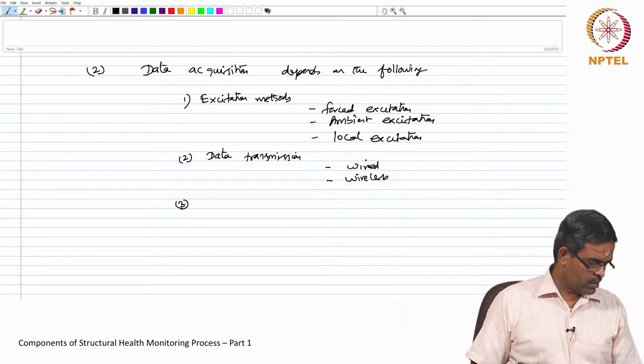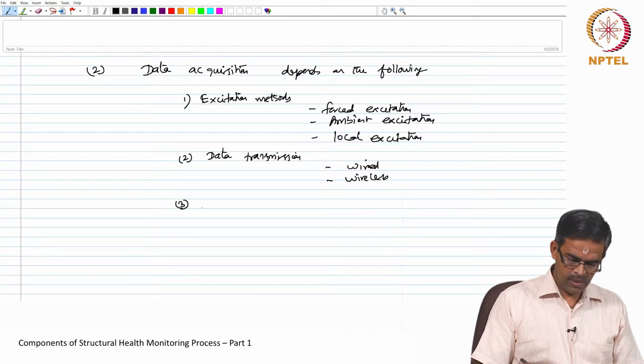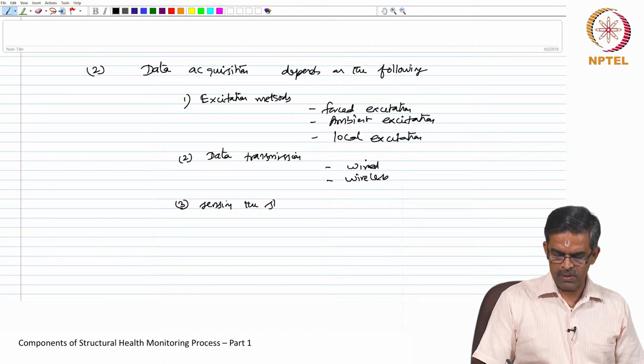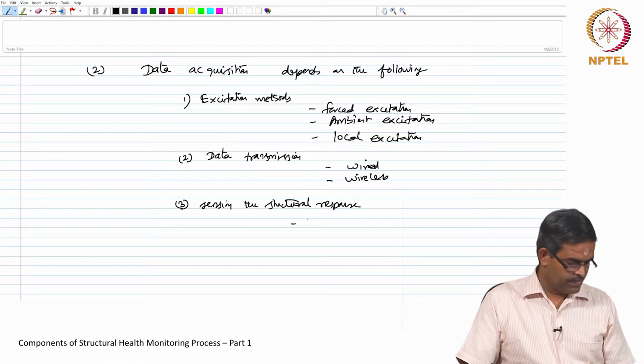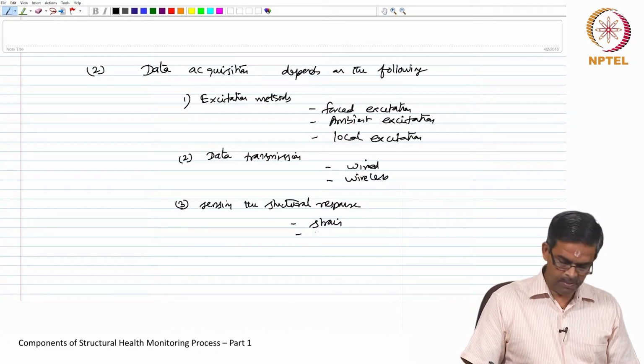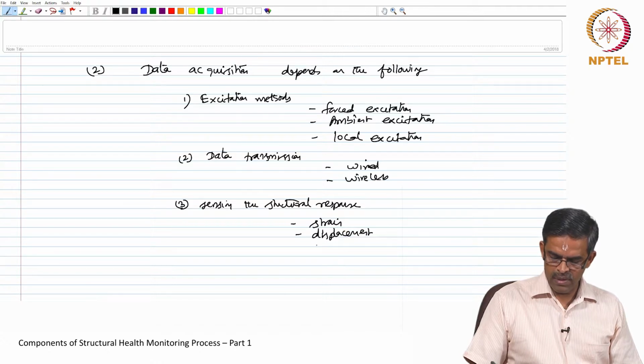Third item is related to sensing the structural responses. I mean, what kind of response are we actually measuring from the structure? Is it strain? Is it displacement? Is it acceleration? Is it temperature variation?